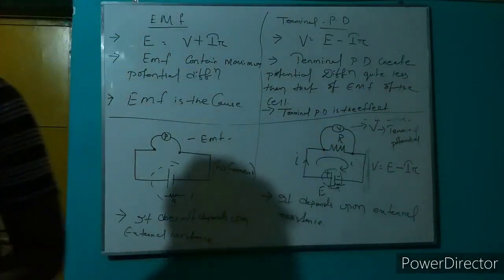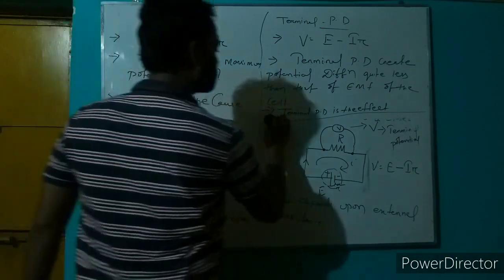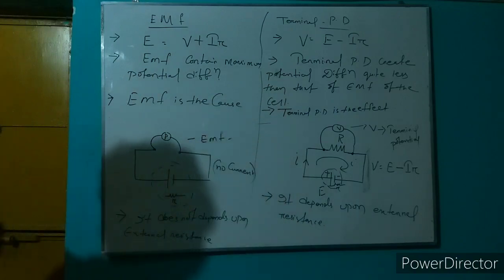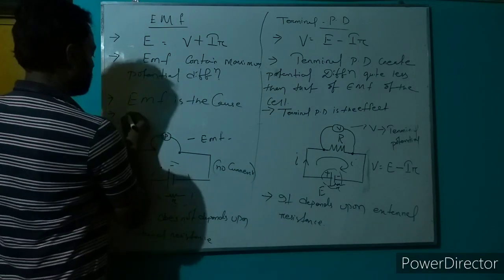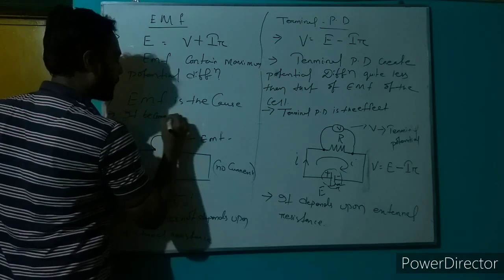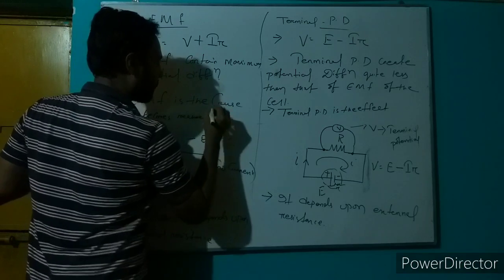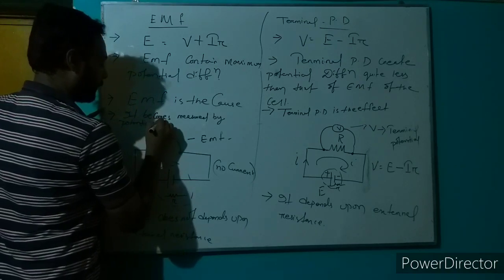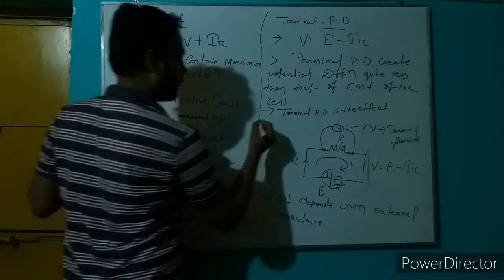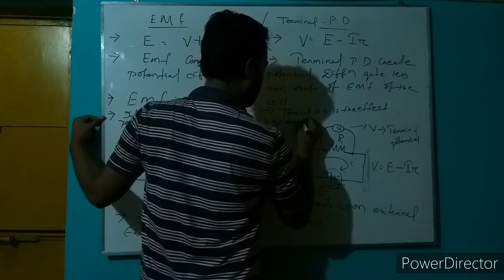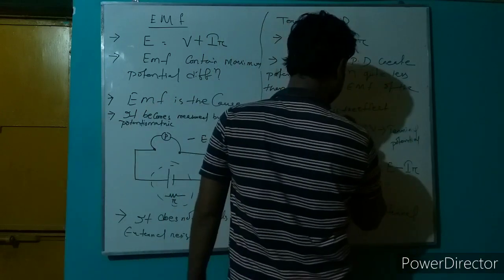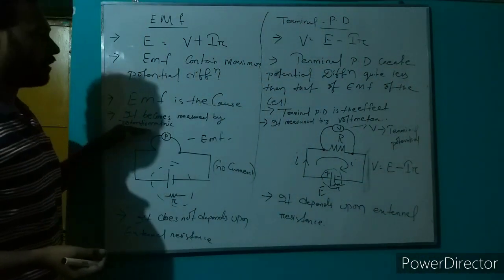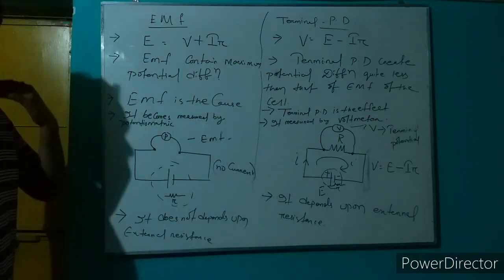Okay. Next point: how it is measured. EMF is measured by a potentiometer, and terminal potential difference is measured by a voltmeter. What a potentiometer and a voltmeter are, I have discussed in 3 or 4 lectures.